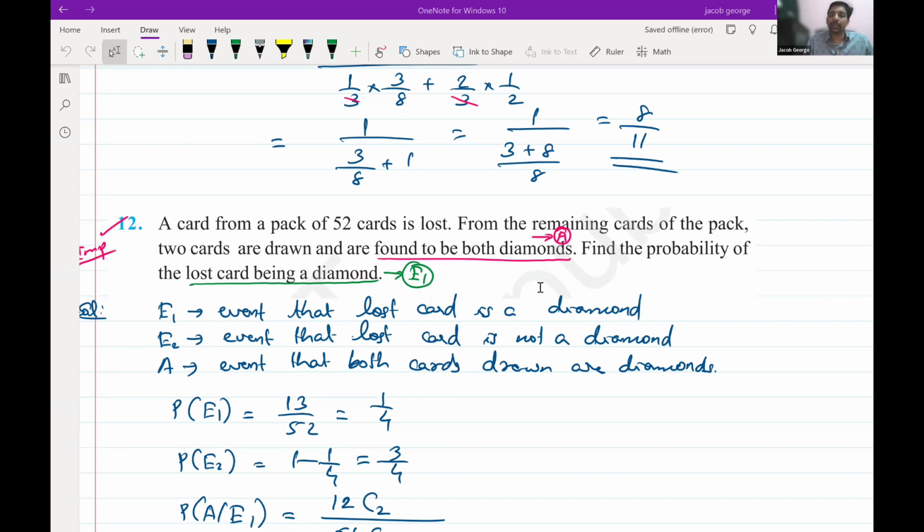Then E2 will be the event that the lost card is not a diamond. Then capital A be the event that both cards are diamonds.